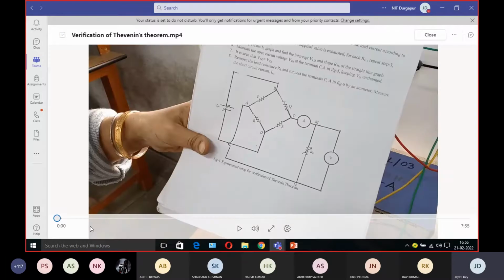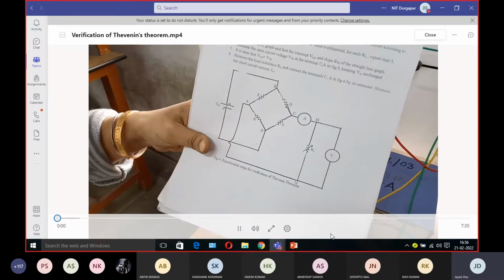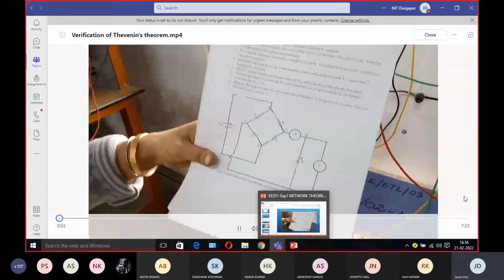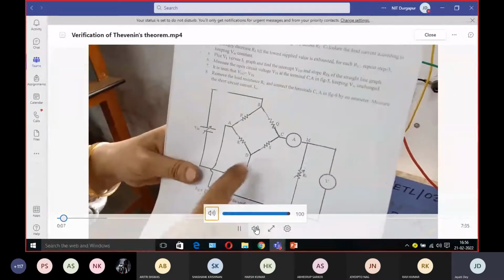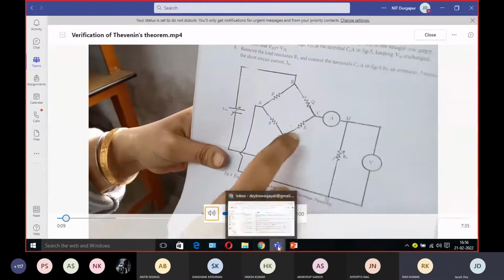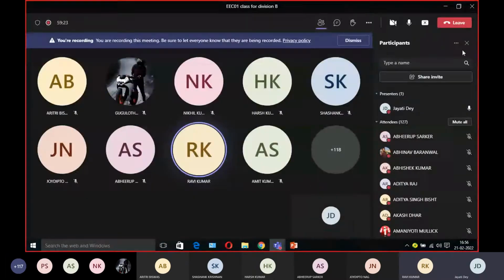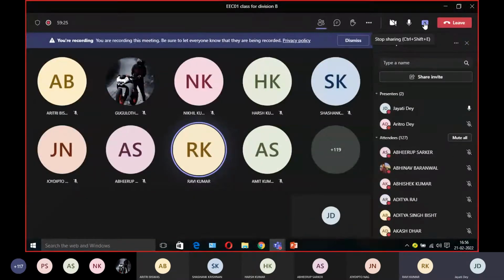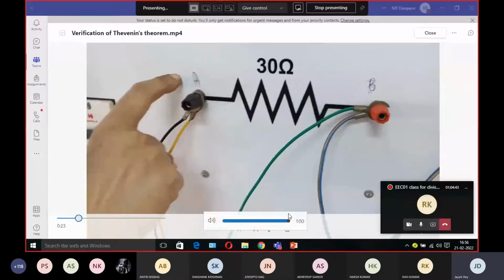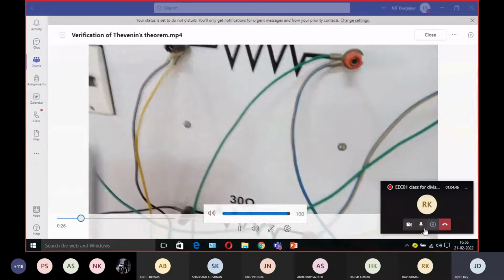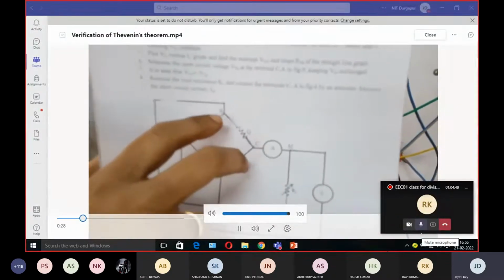Just wait. Audible? No, ma'am. Include computer sound. Not audible. No, ma'am.